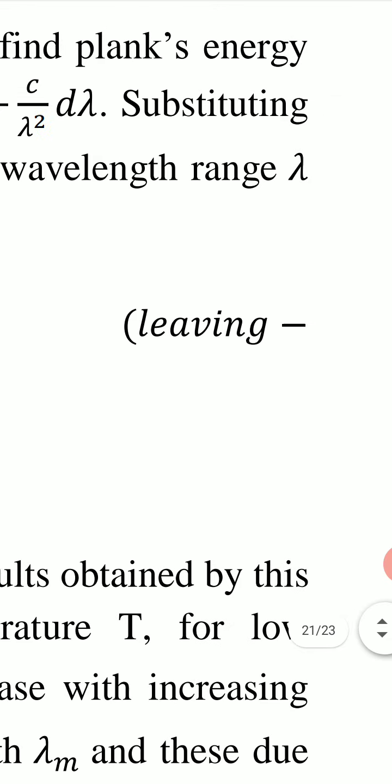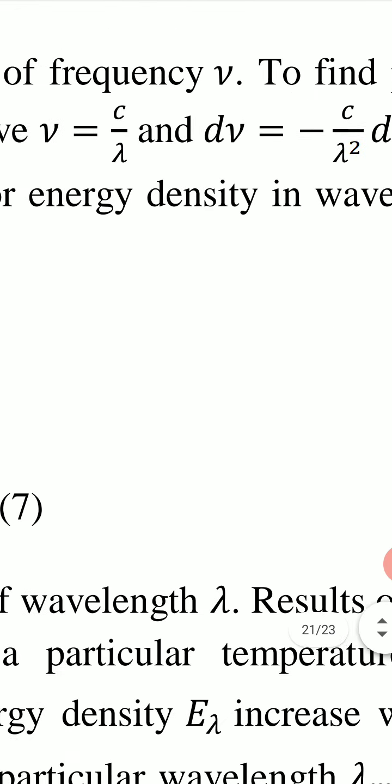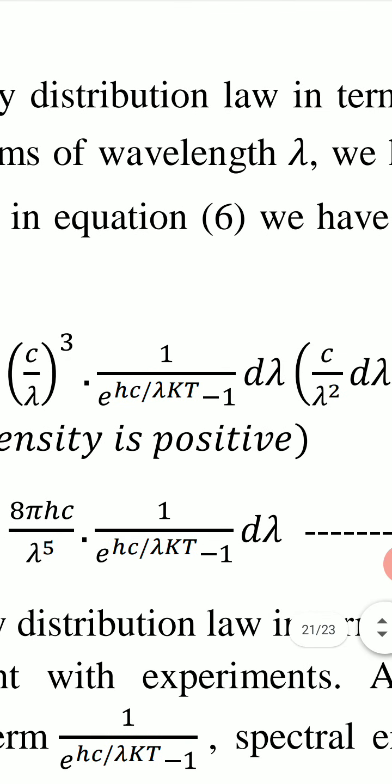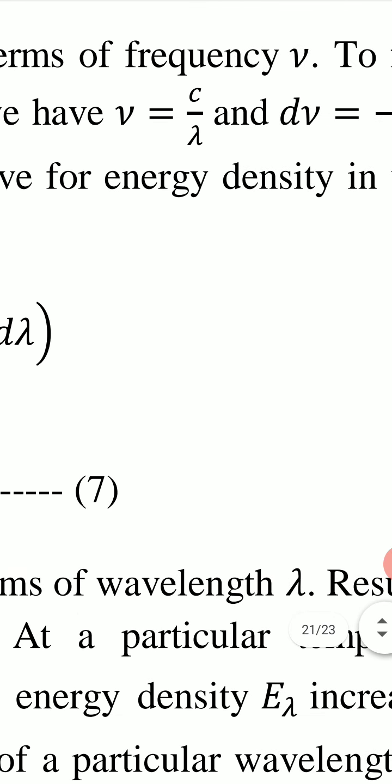To find Planck's energy distribution law in terms of wavelength lambda, we write nu equal to c upon lambda. This is the relation between frequency nu and wavelength lambda. C is a constant equal to the speed of light in vacuum.